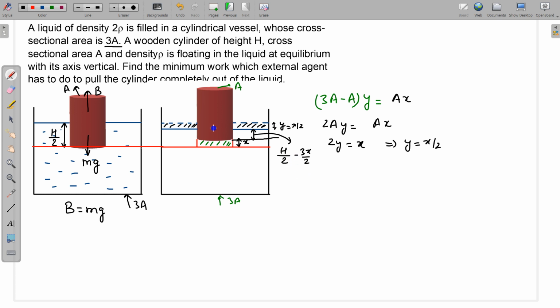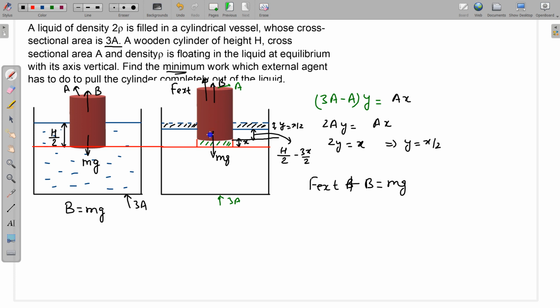Now there are two forces, this is mg and this is the buoyancy force, and there will be an extra force F external. So F external plus buoyancy is equal to mg. The forces must balance because we have to find the minimum work, and there should be no acceleration of this cylinder.